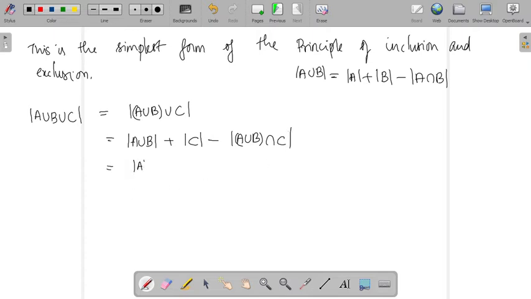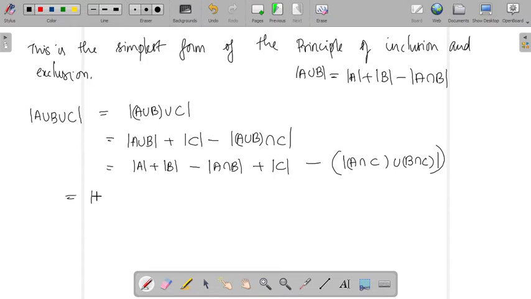So this is cardinality of A plus cardinality of B minus cardinality of A intersection B, plus cardinality of C minus, now this can be written as cardinality of A intersection C union B intersection C. Now again this is in the form of two sets, so again apply this result.